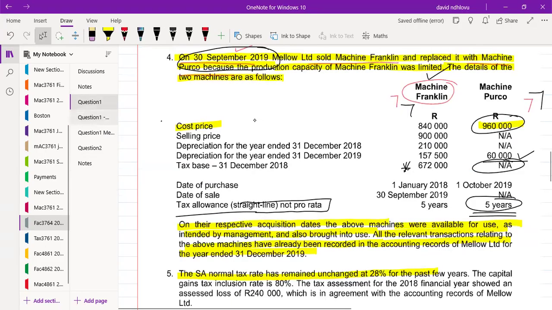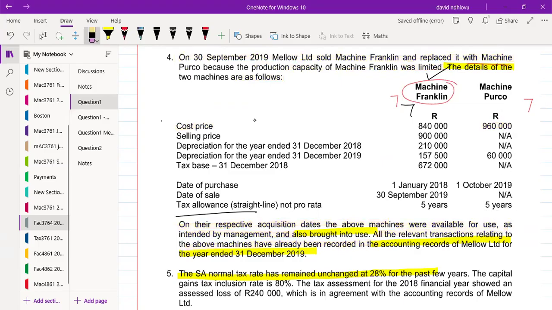This asset, we are very clear, was bought in the middle of the year. So in the current year, the asset was only used in October, November, and December, 3 months. However, the question is very clear: a tax allowance, straight line method, not pro rata. We don't worry about the number of months. Even if it was there for only 1 month in the year, we would charge a full year's tax allowance.